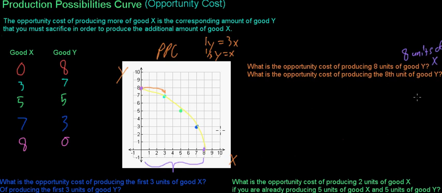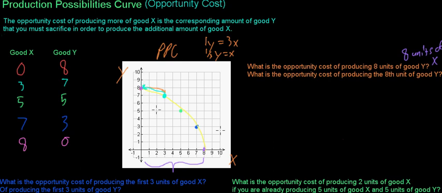And that's the answer. Next one, what is the opportunity cost of producing the 8th unit of good Y? So that's saying, assume that we are right here already. You're already producing 7 units of good Y, and you're producing 3 units of good X. What is the opportunity cost of now going backwards to produce that 8th unit of good Y?